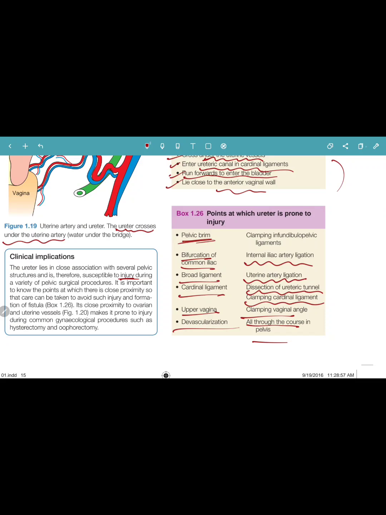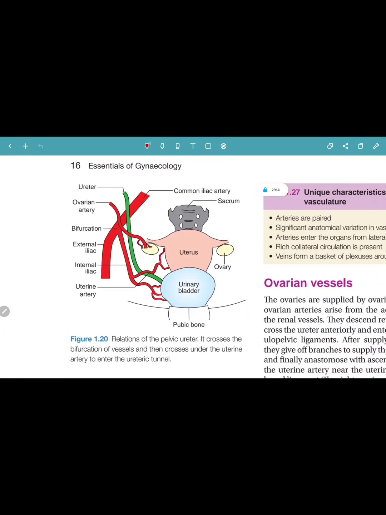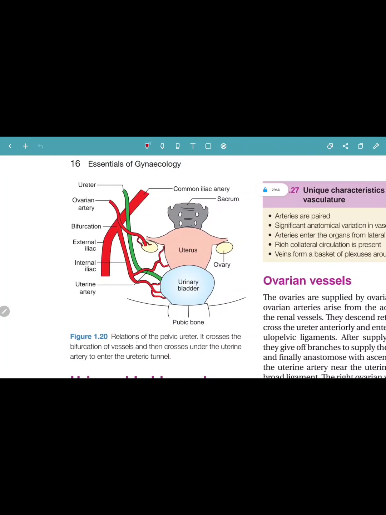So if you look at this beautiful diagram closely, you can see the relations of the pelvic ureter. First it crosses the bifurcation of the common iliac artery, and then crosses under the uterine artery to enter into the ureteric canal. This is your common iliac artery where there is bifurcation, and this is your ovarian artery.